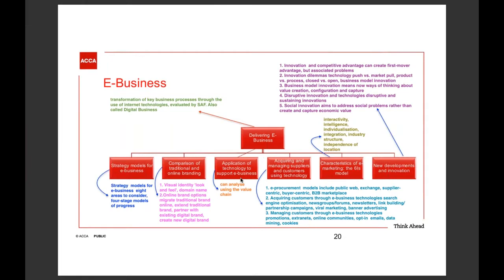So on the application of technology to support e-business, one of the things that you may want to look at is the value chain. Under your value chain, you have inbound logistics, operations, outbound logistics, marketing and sales, then service. After that you have margin, and then your supporting activities. So these primary and secondary activities of your value chain can be further enhanced.